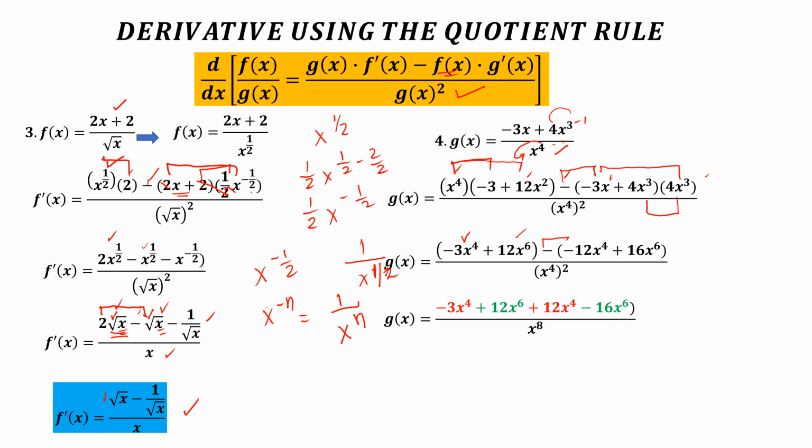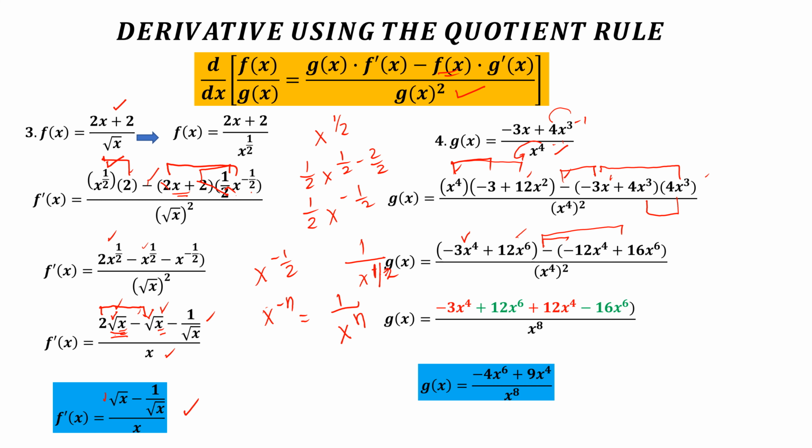Thus, the next step will be rewriting the negative 3x to the 4 plus 12x to the 6, and this will become positive 12x to the 4, and the negative times positive is negative 16x to the 6 over, okay, the 4 as our inner exponent will be multiplied to the outer exponent. That is why we have the x to the 8.